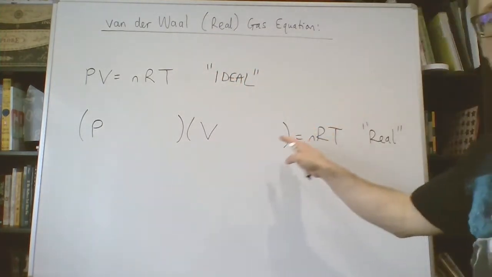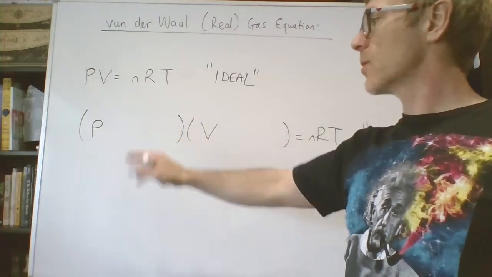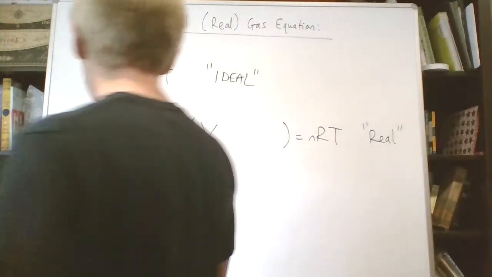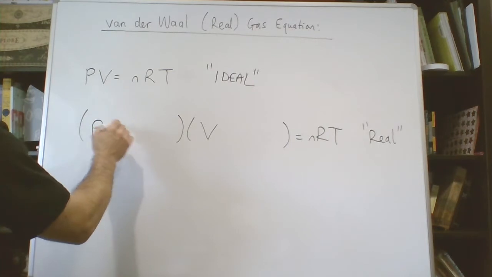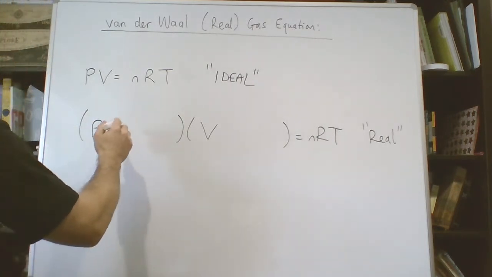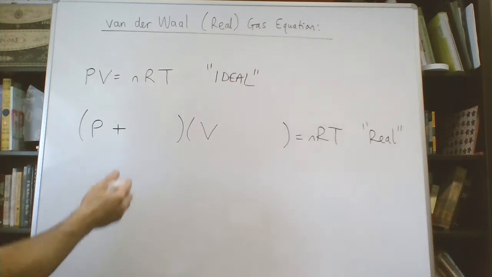This will be our van der Waals equation here. There's going to be a correction to pressure, which is going to be a positive correction, and it's going to be proportional to the square of concentration.